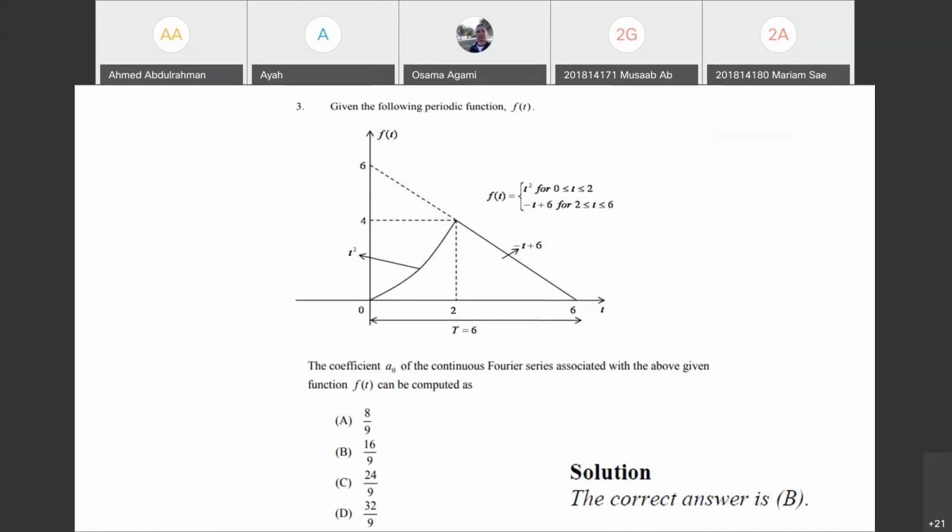Because he said, given the following periodic function, this is a t, which is a period, and also he wrote for you t equal to 6. So this is not the half period, right? He told you this is the total period. So the right answer is B.